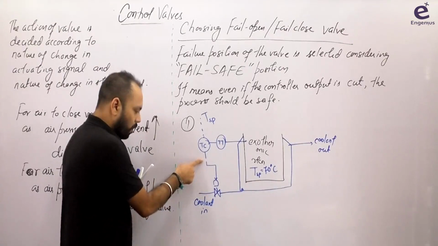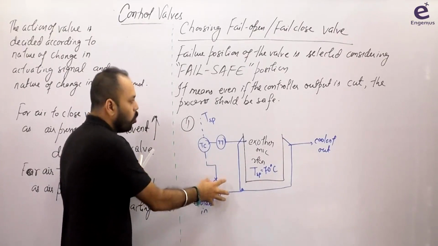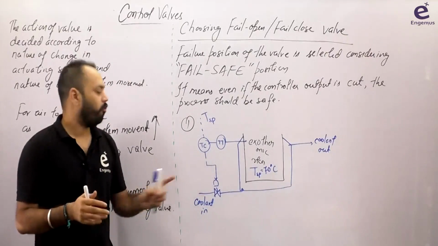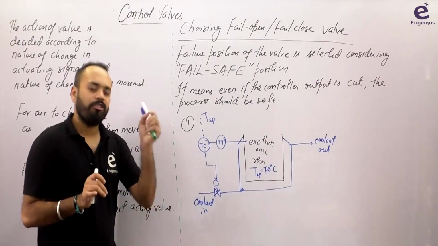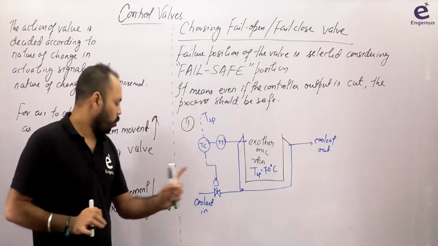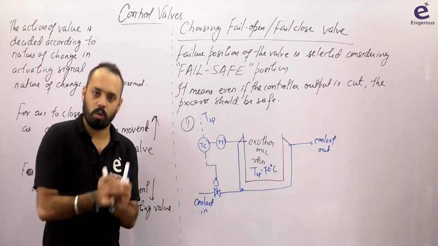Suppose this supply is cut, means the controller fails. If I select fail close, तो क्या होगा? When the supply is cut, the valve will be completely closed. समझ आ रही है बात? If I select the valve as fail close valve, when the controller signal is cut, the valve will be completely closed.